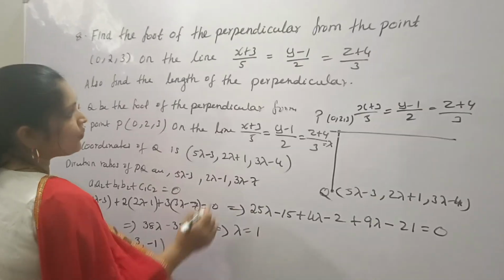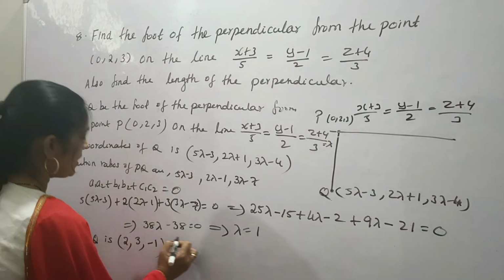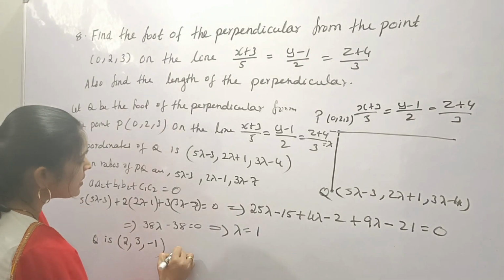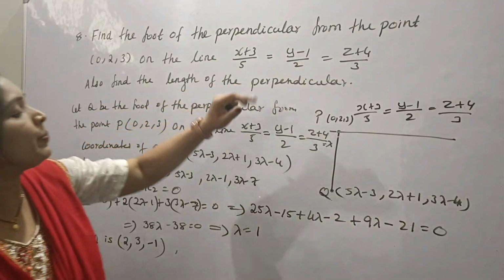Therefore the foot of the perpendicular from the point is (2, 3, -1). And what is the distance? Here we have to find the length of the perpendicular.